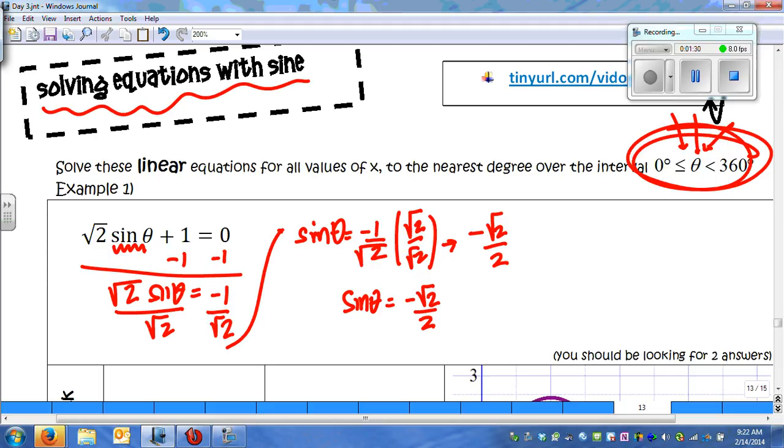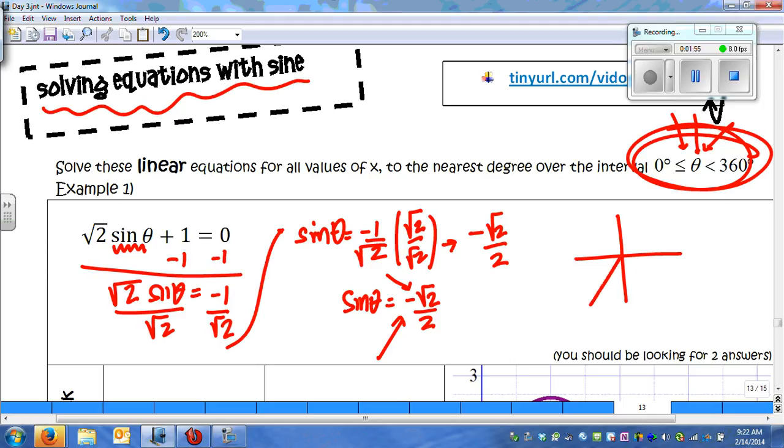We have to think of angles where their sine would be negative radical 2 over 2. Radical 2 over 2 should be really familiar for you. That's the sine of 45, except this sine is negative. What that means is that the angles that solve this equation live in the quadrants where sine is negative.